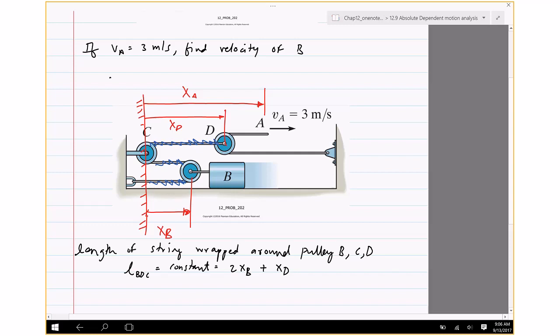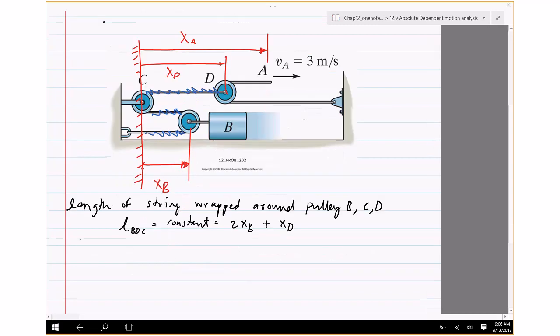So if I differentiate this expression with respect to time, I'll get 0 equals twice xb dot plus xd dot. I'm going to write xd in terms of xb. So xd dot, the velocity of D, equals minus 2 times the velocity of B.